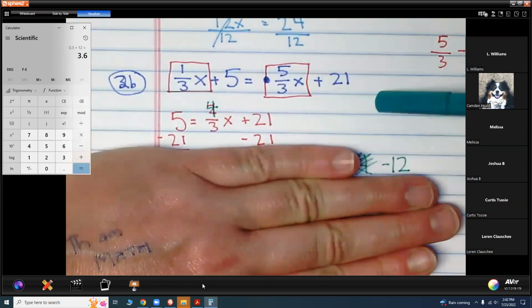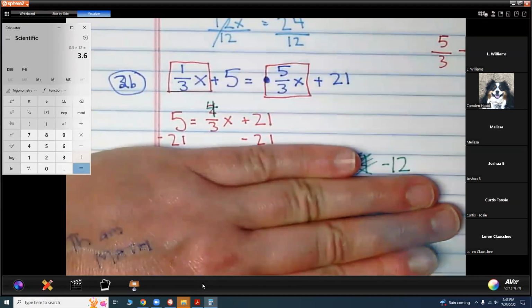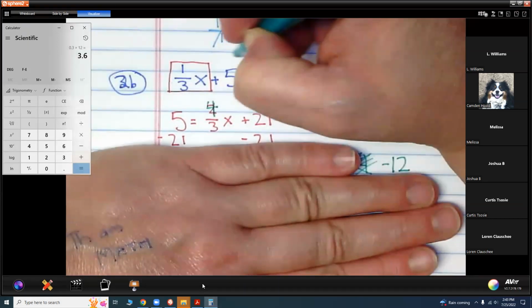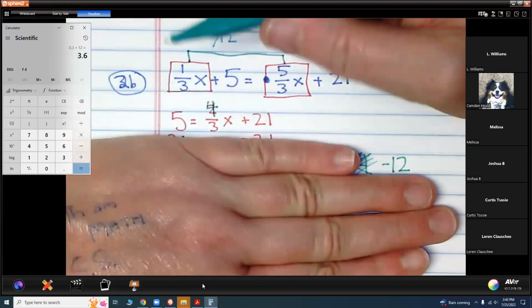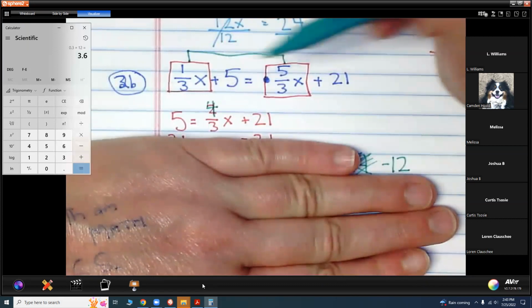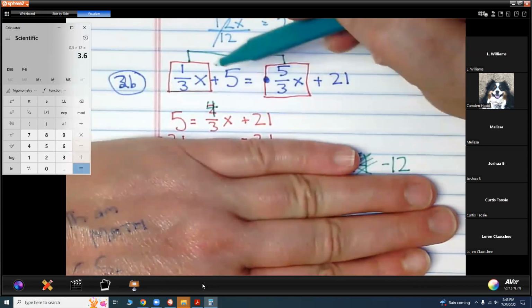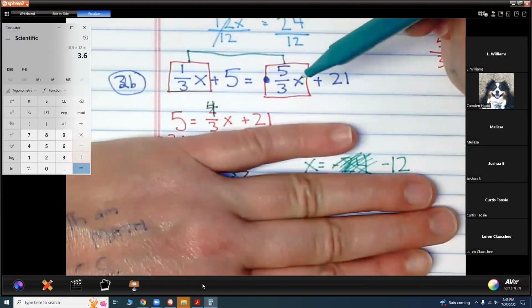Okay. So you see the 4 terms, right? If we have like terms with variables on either side of the equal sign, I have to do something to combine them. Here, because 1/3 is smaller and I'm going to have to subtract it, I'm going to subtract 1/3 x from both sides of the equation.